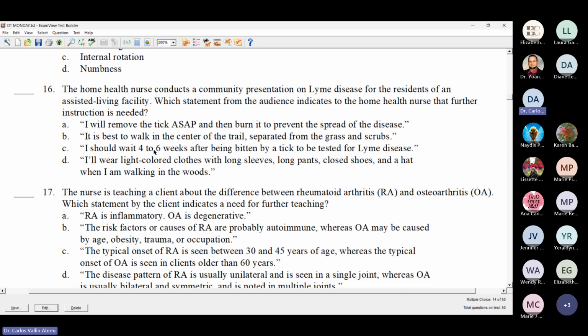Remember, the Lyme disease is treated with tetracyclines, doxycycline. And in case of allergy to tetracycline, or in the chronic forms of the Lyme disease, then they use penicillins or cephalosporins.